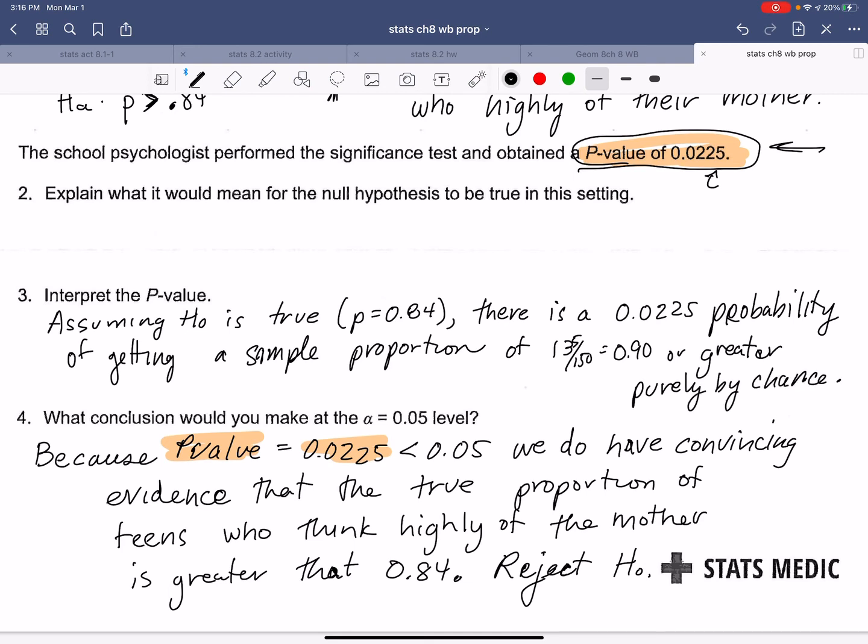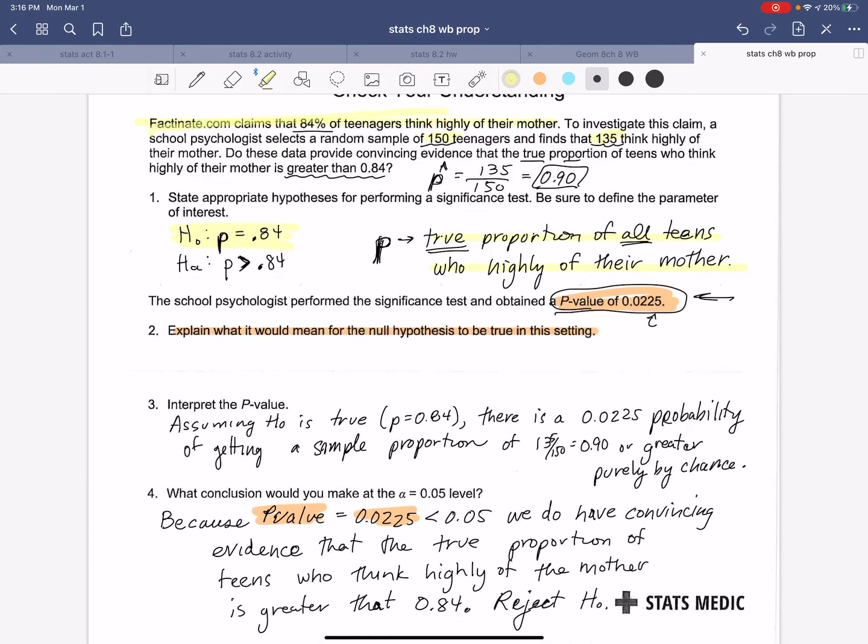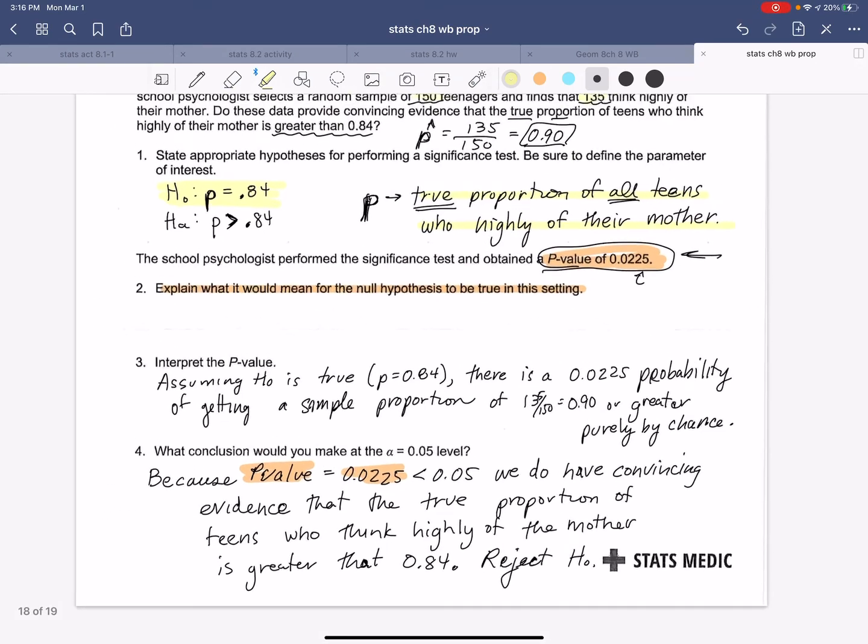Okay, well, explain what it would mean for the null hypothesis to be true in this setting. So looking here, what is my null hypothesis? Well, my null hypothesis is the true proportion of all teens who think highly of their mom, right? That's this information we received right there, okay?